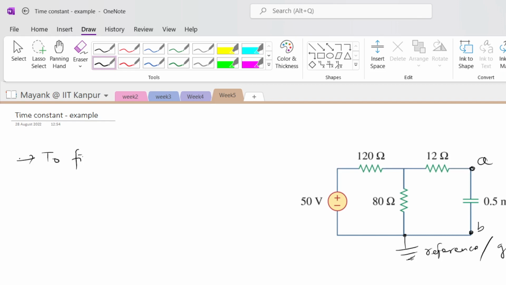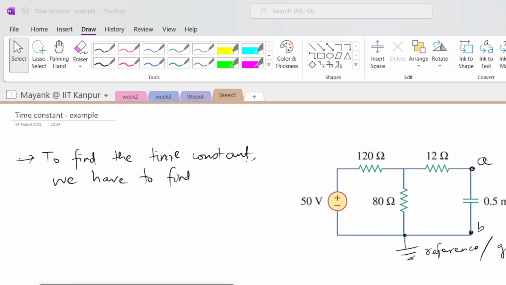To find the time constant, we have to, okay, hold on a second.